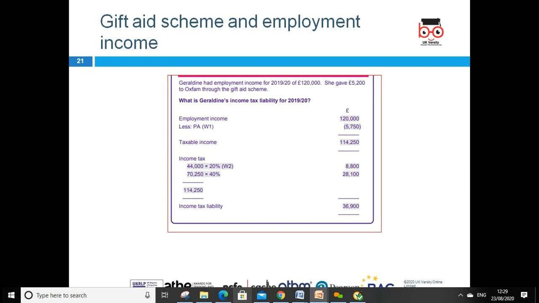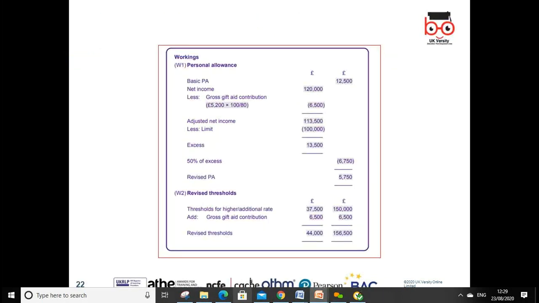They calculate the employment income as 120,000. She gives to Oxfam. Now the personal allowance, of course, as income is more than 100,000, is reduced: 20,000 divided by 2, so 10,000 less personal allowance. So we need to look at around 10,000 plus now the Oxfam gift. So the personal allowance is 12,500, next.